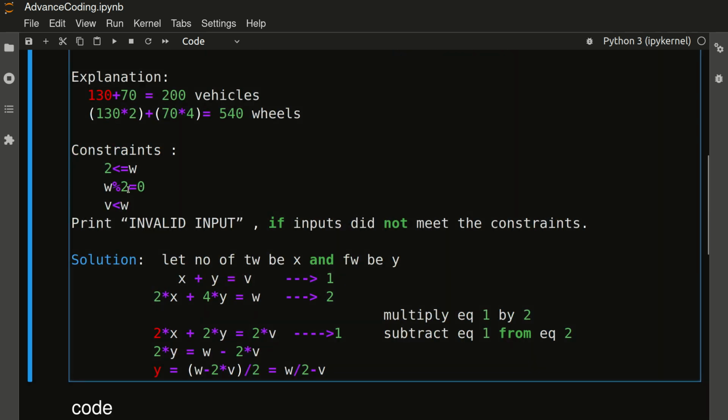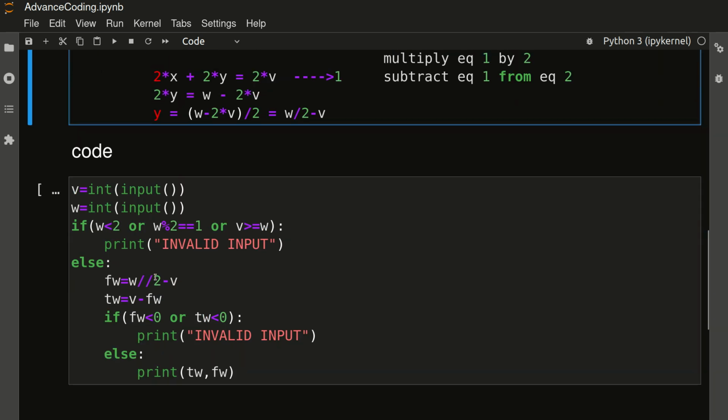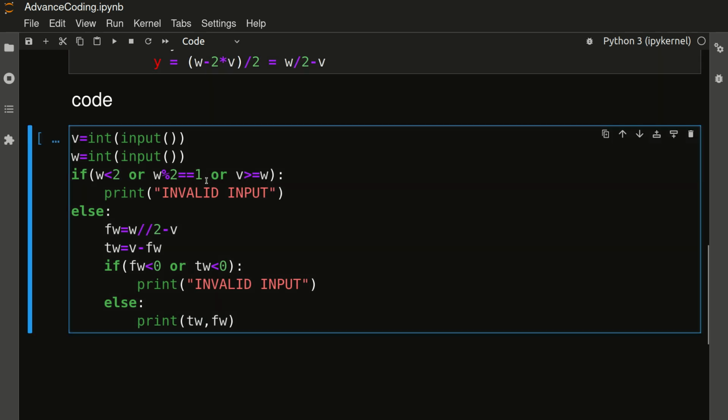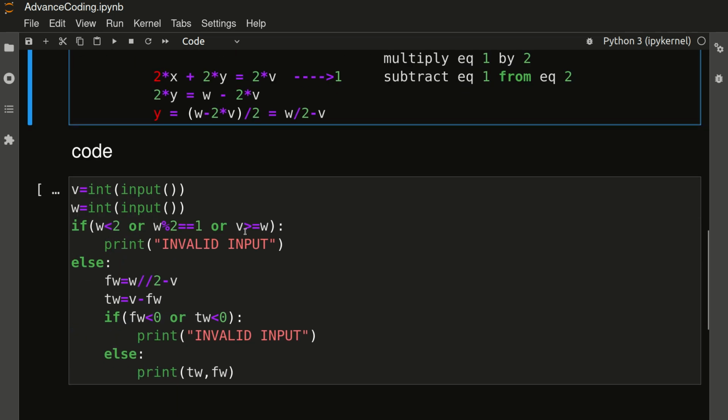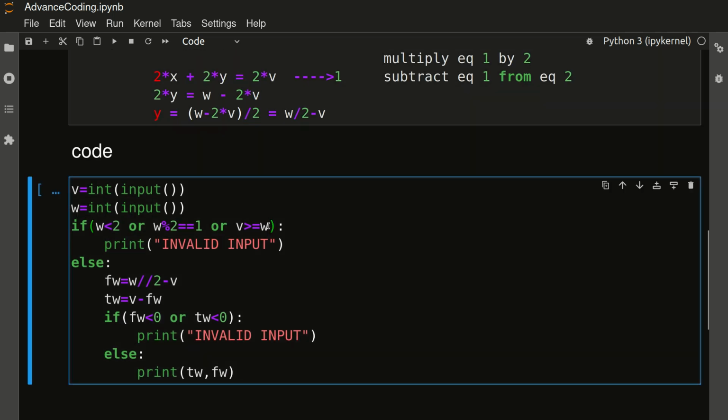Similarly, it should be divisible by 2, and here we have given that it is not divisible. And similarly, the constraint is w should be greater than v, but here we have made v greater. So if you have any value which is against the constraint, then we will print invalid input. So this is the first case.